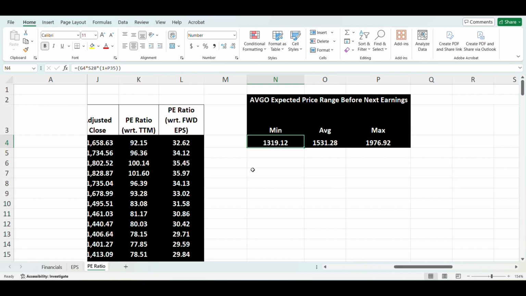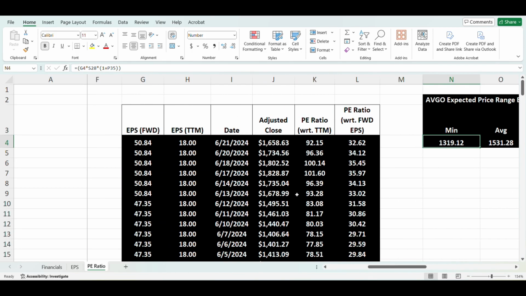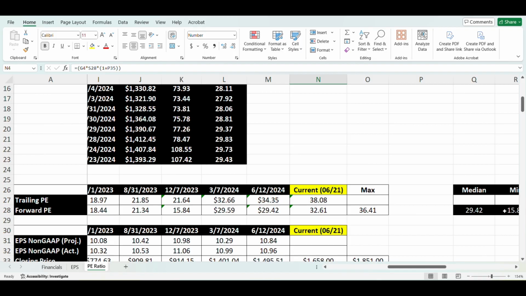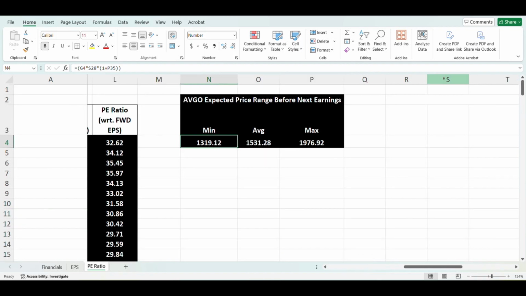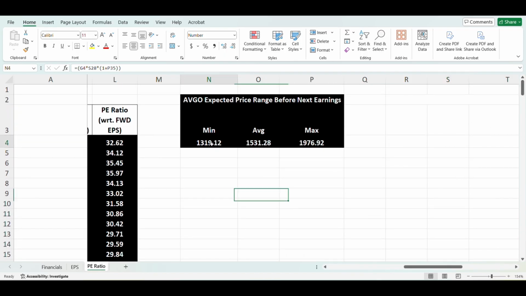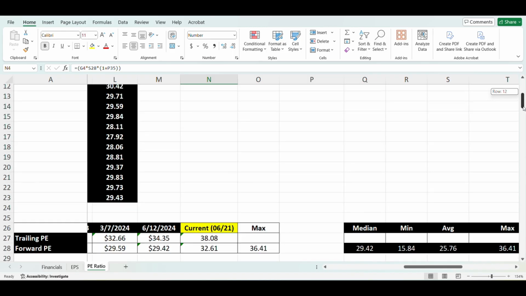For the minimum, I'm using EPS forward as my first factor, that is G4. And the second factor is the forward PE, that is S28. That's the minimum value. And the second factor is the forward PE for the last 6 quarters. And the third one, I have the earning surprise, that is P35.